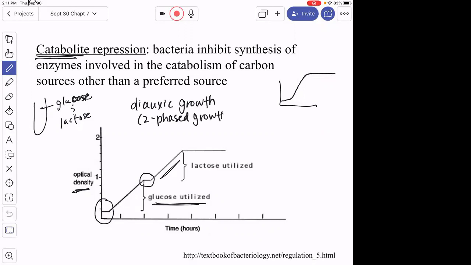We actually get two different log periods and two lag periods. So that's how we know that the organism is using one metabolite and then switching to another. And in the process of switching over, you get a little bit of a lag where it's ramping up the enzymes in order to use lactose.